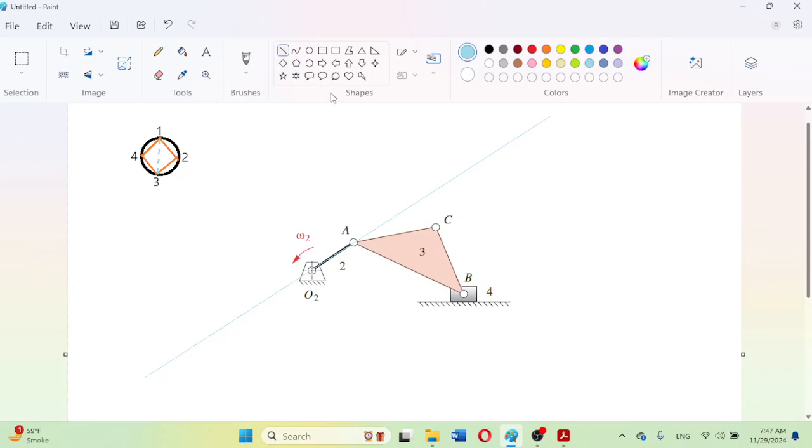this line. So let us, for example, draw here first of all the instant center I1,4.